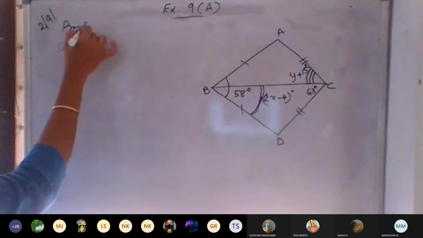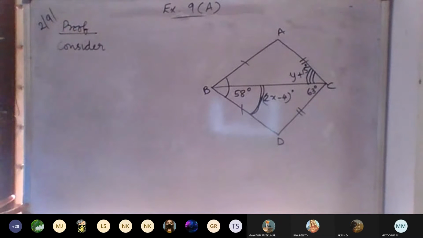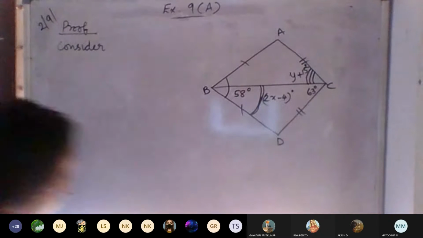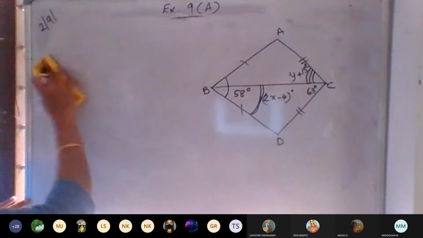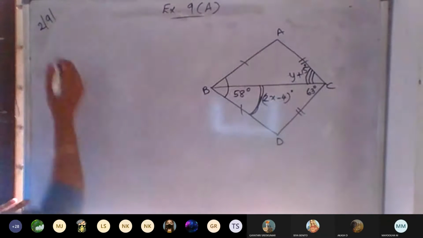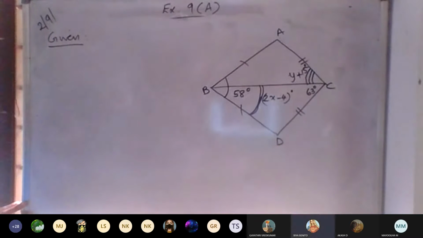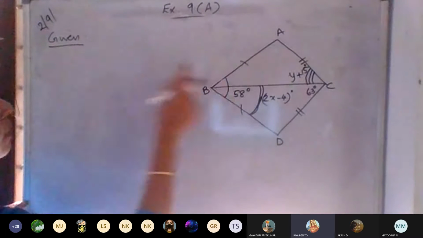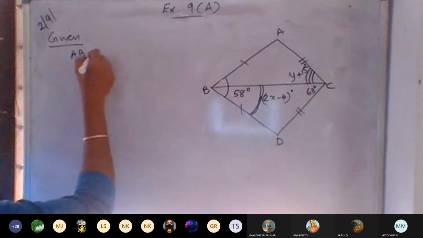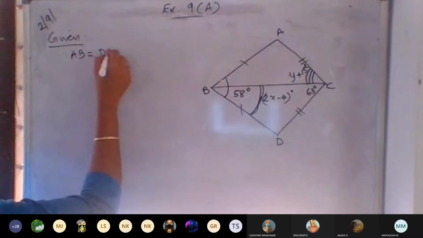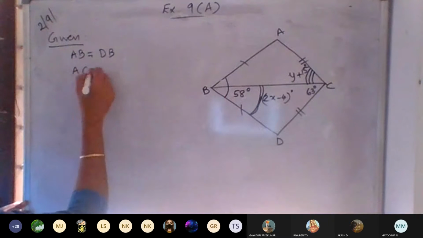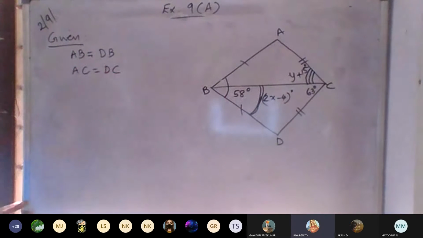Since this is an angle finding question, we don't need to write a full proof, but for congruency we can write what is given. Given: AB is equal to DB, and AC is equal to DC.